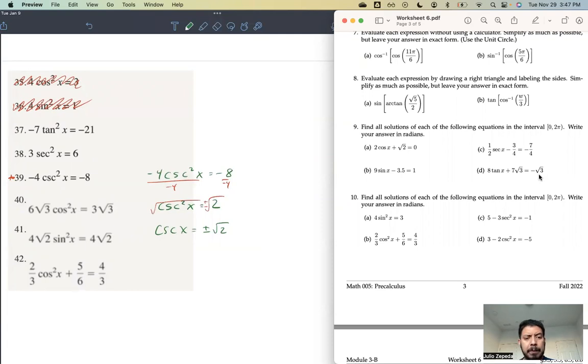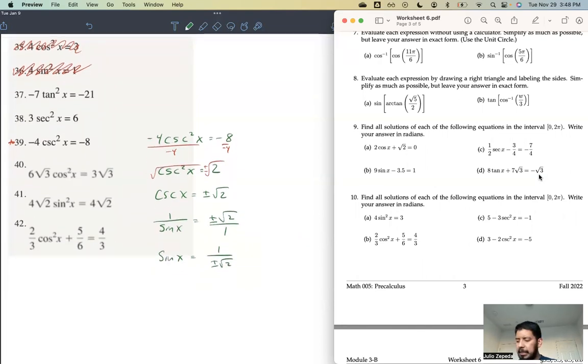So now cosecant, well, that's the reciprocal of sine. So we could also write this cosecant x as 1 over the sine of x is equal to plus or minus the square root of 2 over 1, and then do the reciprocal of both sides. So sine of x is equal to 1 over plus or minus the square root of 2.